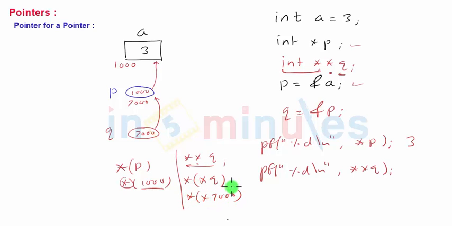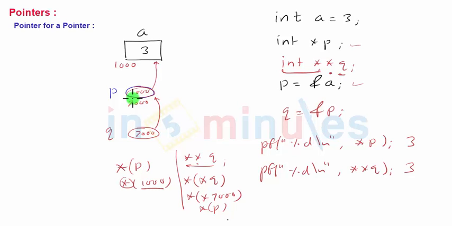What is stored at 7000 is nothing but p, so it is *p. Now what is *p? The value stored at 1000, which will again be 3. So using q indirectly, I am again accessing a. q refers to the pointer p and p holds the address of a, so again the value of a is printed.